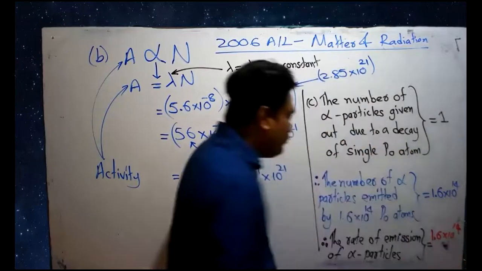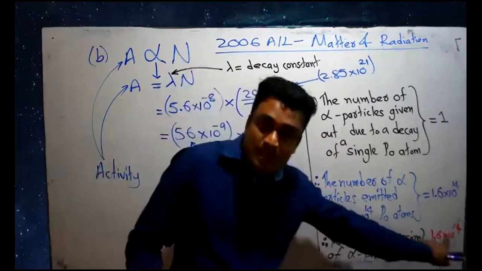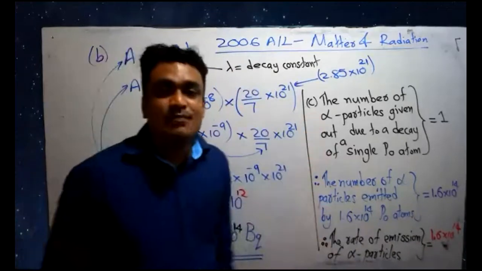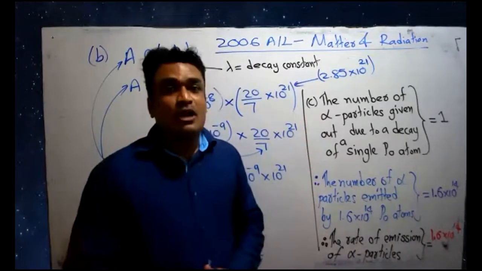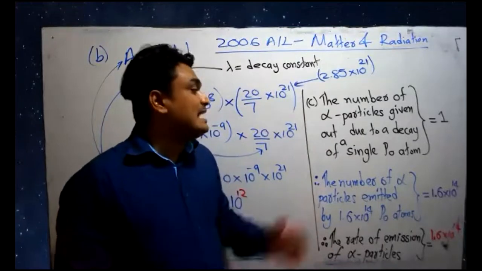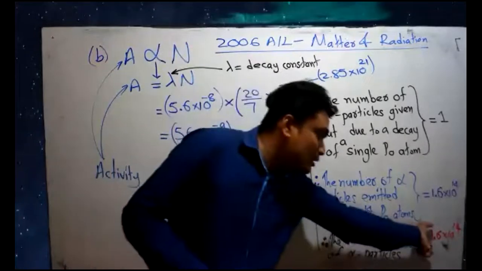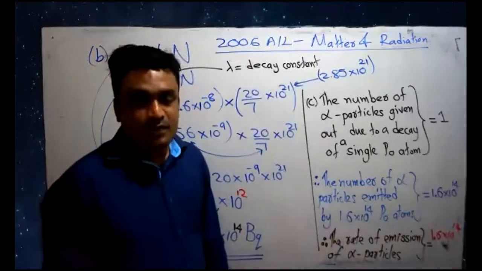In the examination, if you write only the last statement, they will give you full marks. The first and second statements are given for you to understand, but you need not teach physics to the examiners. So directly write this in the exam.